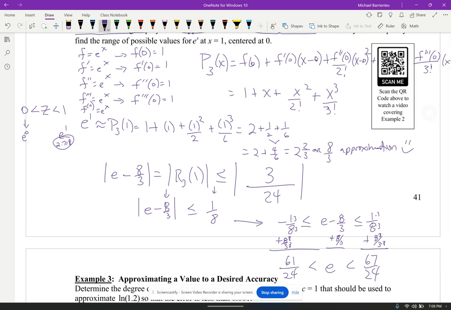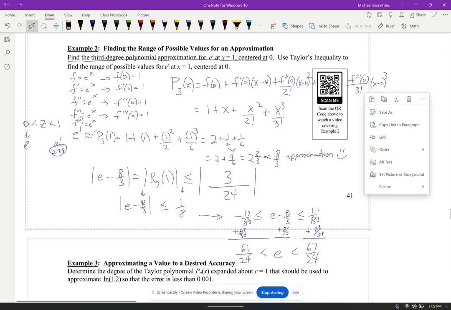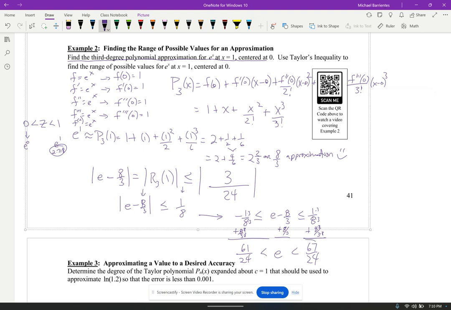So according to our approximation, the range of possible values for e to the x at x equals 1 centered at 0 is this range of values. How did I know that? Because I found my approximation, because I estimated my remainder and really created an upper bound that my remainder has to be less than.